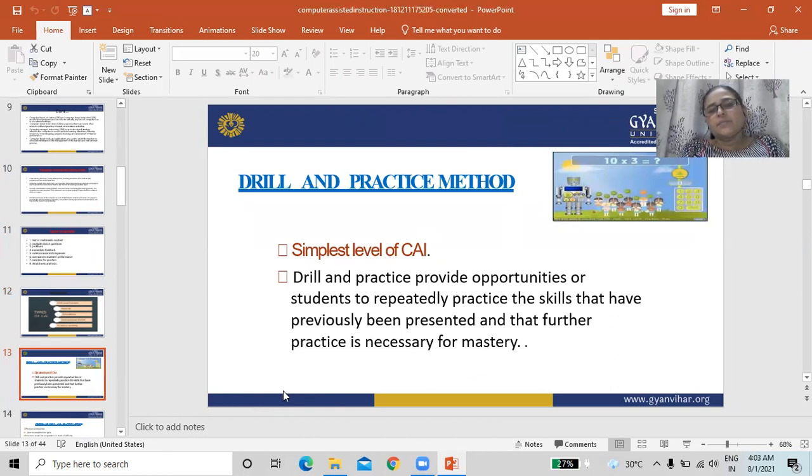Drill and practice method. It is the simplest level of computer assisted instruction.